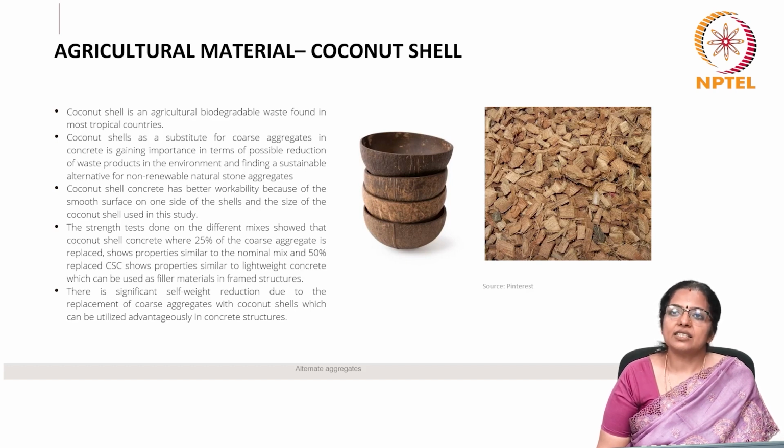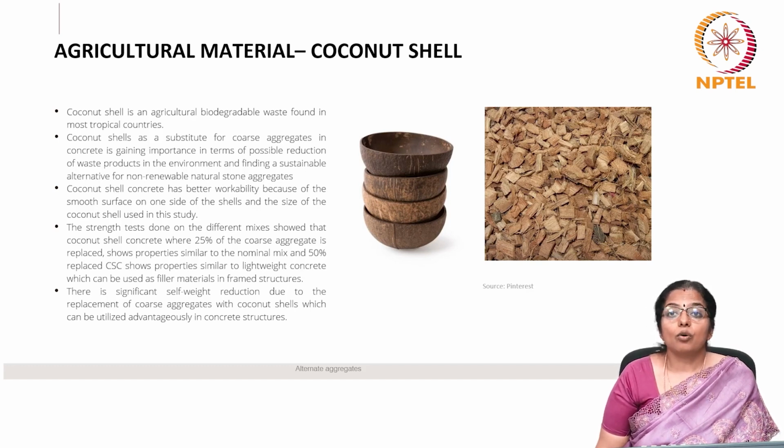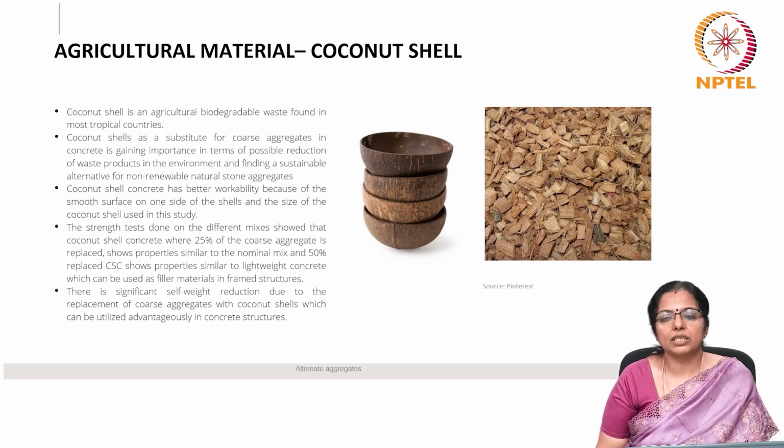Coconut shells as a substitute for coarse aggregates in concrete is gaining importance in terms of possible reduction of waste products in the environment and finding a sustainable alternative for non-renewable natural stone aggregates. When you add it to concrete, coconut shell concrete has better workability because of the smooth surface on one side of the shells and the size of the coconut shell used in the studies.